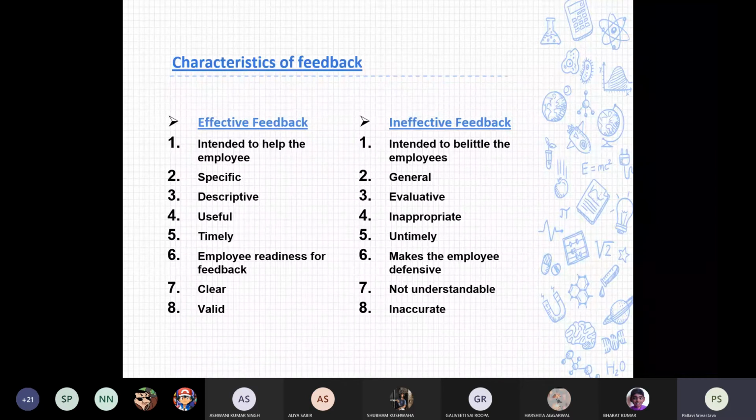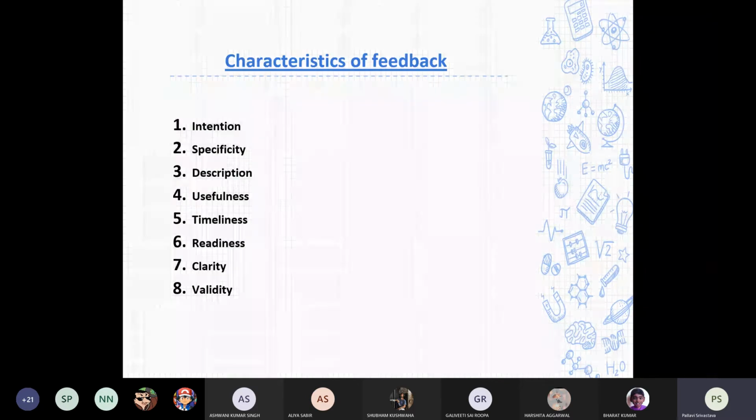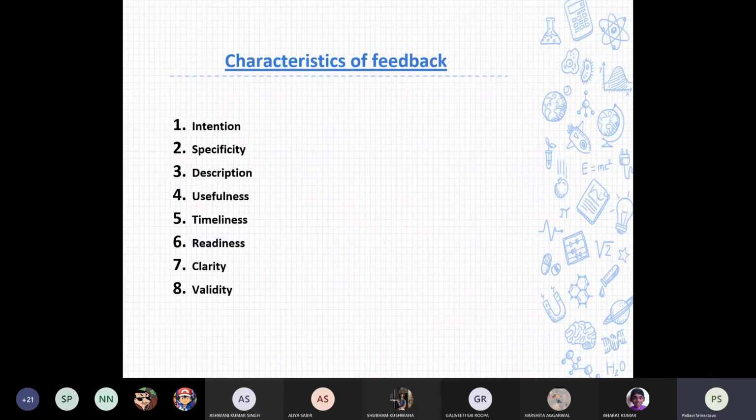But we are going to discuss the whole thing in the first slide only. We will see how these characteristics make feedback effective, and what negative elements, if we practice them, can make feedback ineffective. So one by one we are going to look into these characteristics of feedback.